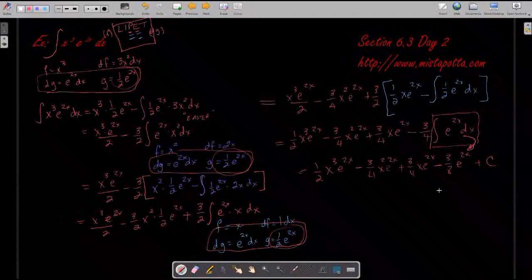And there are some techniques for doing integration by parts quickly in these situations, which we'll talk about in a later video.